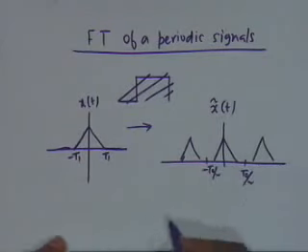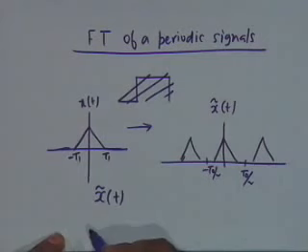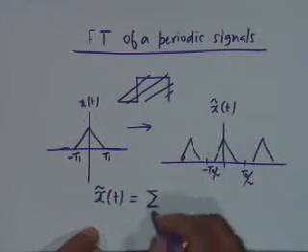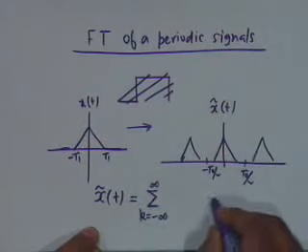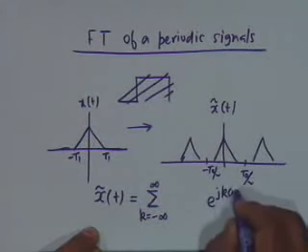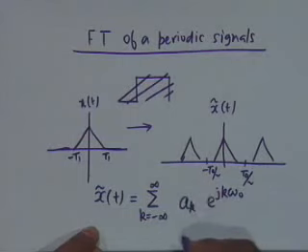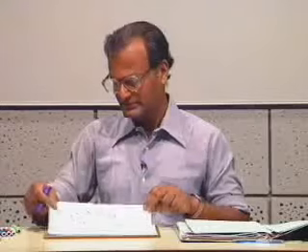And we said that x tilde of t, that is the periodic function, can be written as summation k equal to minus infinity to plus infinity a_k e to the power j k omega 0 t, where a_k was equated to, what was a_k?